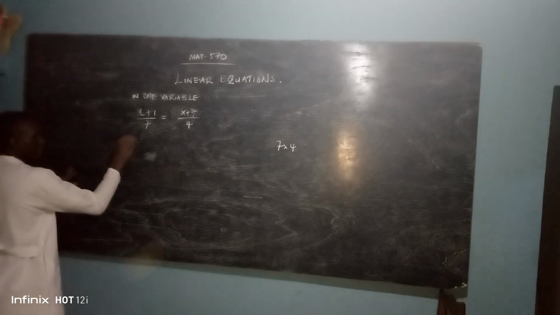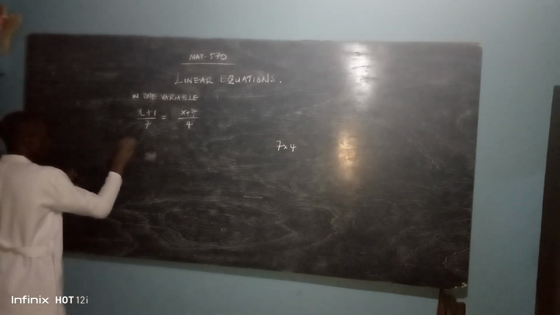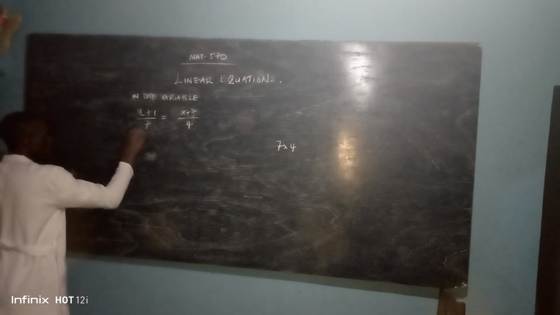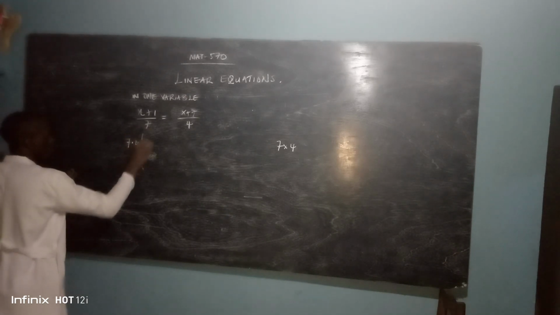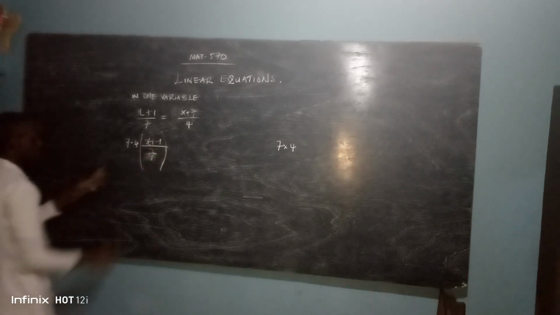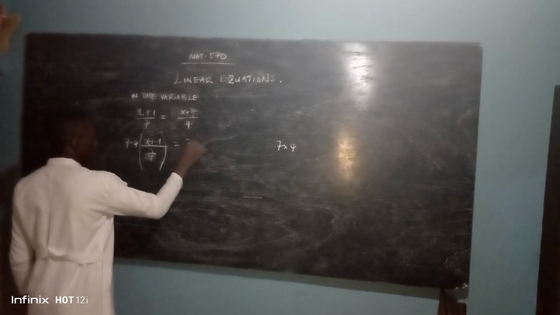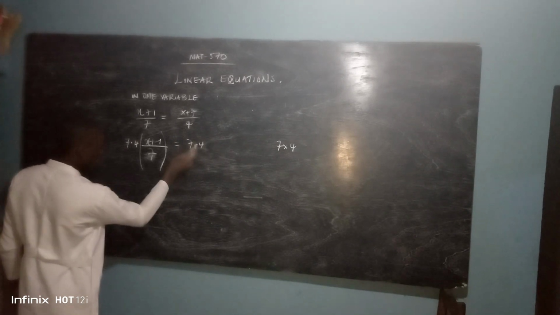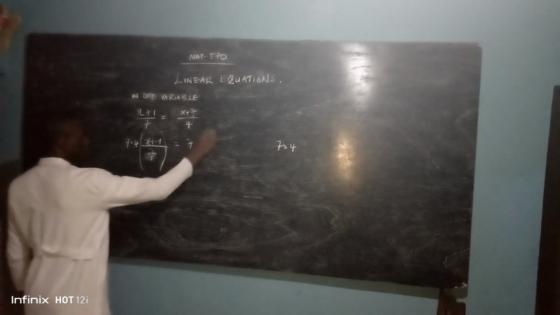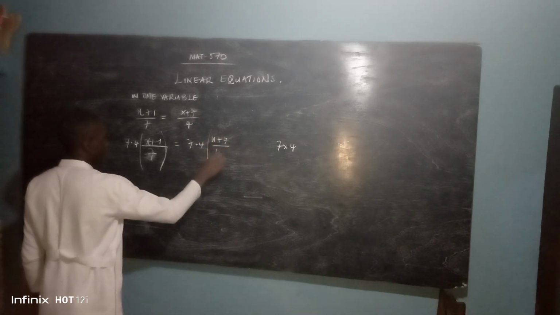So I'm going to have 7 times 4. I'll write it as 7 times 4, since I'm multiplying it on both sides of the equation. Like I said, in algebra, bracket means multiplication, 7 by 4. When you see a dot, it also means multiplication. 7 times 4 bracket x plus 1 on 7.